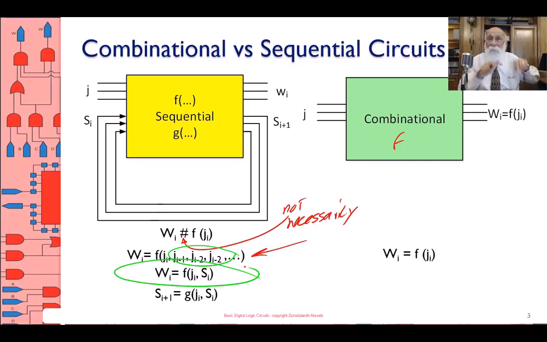But when the present state of the circuit is used for determination of the output, that present state of the circuit also changes.